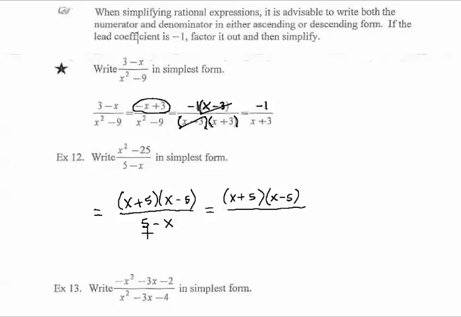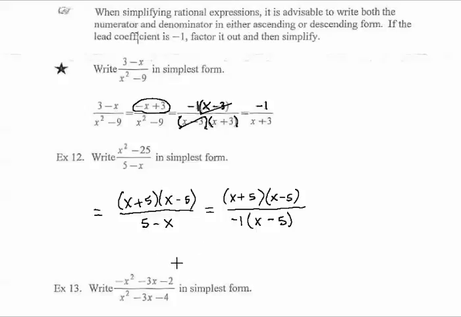We take the denominator and we factor out a negative 1. Okay, so negative 1, if I take that out of the x, x becomes positive, and then negative 1 divided into a positive 5 becomes a minus 5.